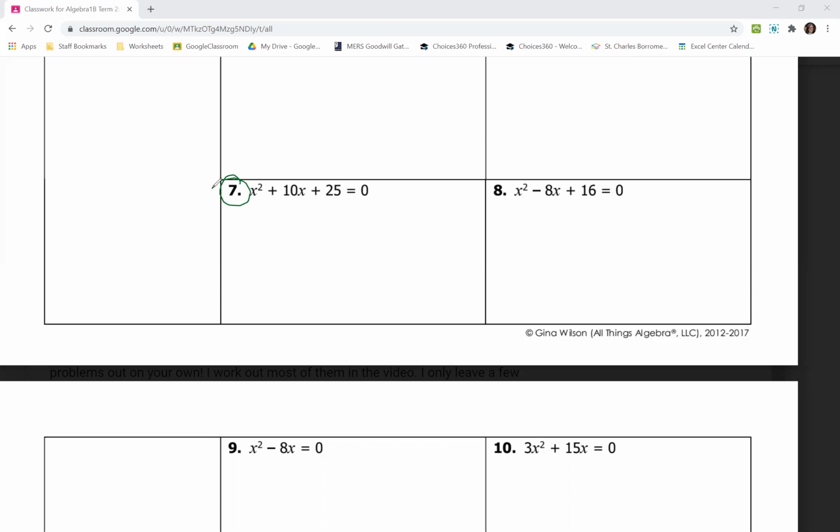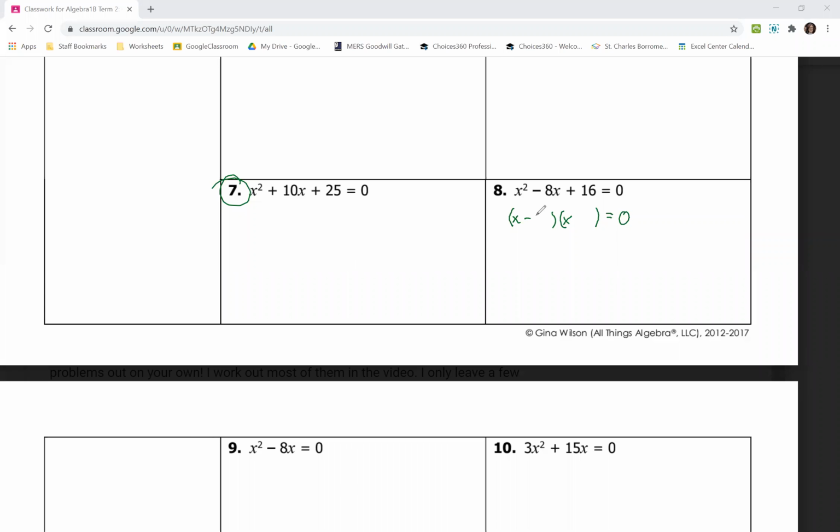Here on 8, my quadratic equation is already set equal to 0. So since it's a trinomial, I know I'll have two binomials. And since the leading coefficient is 1, I get to use the shortcut method. I need two numbers that multiply together to give me positive 16 and add together to give me negative 8.